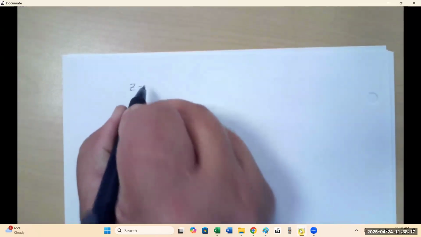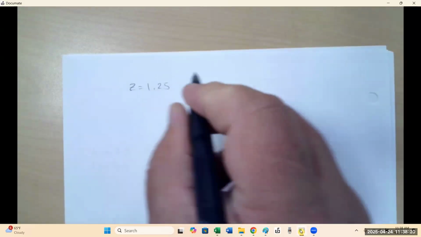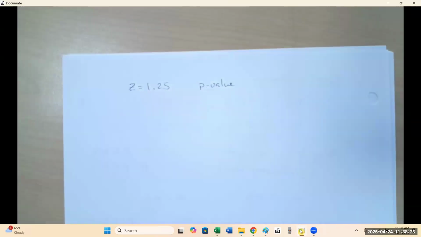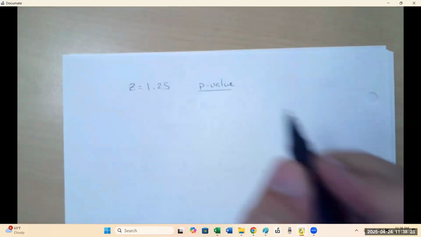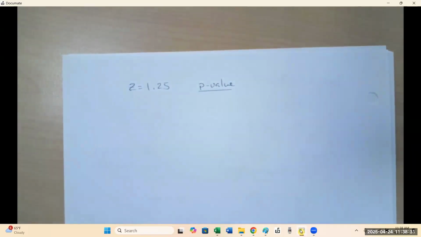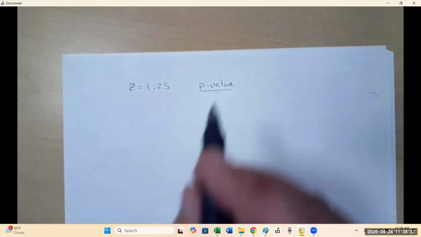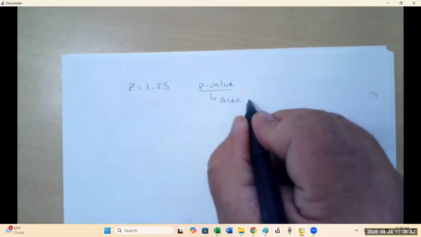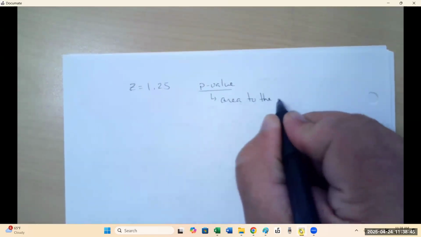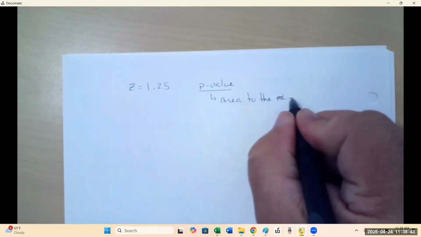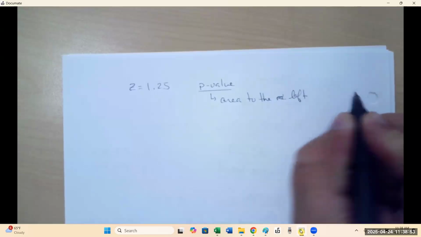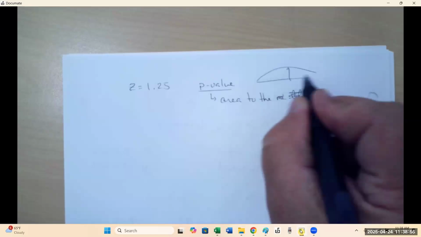Our z value. What's our p value? The p value is the area, that's the shaded region, to the right. So this is our p value right here.